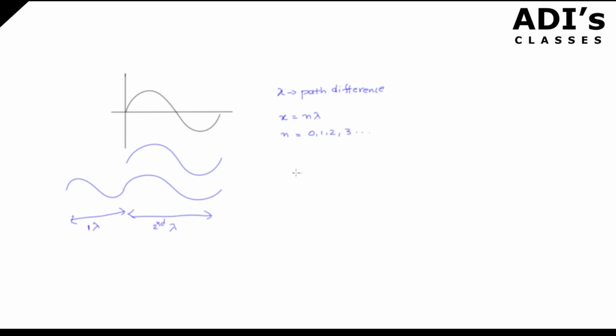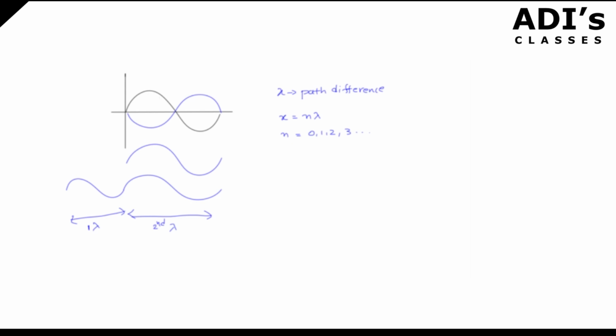So what can we conclude? It need not be the same starting point. It could be before that or after that. The only thing is it should be 1 lambda, or 2 lambda or 3 lambda, or in general, n into lambda.